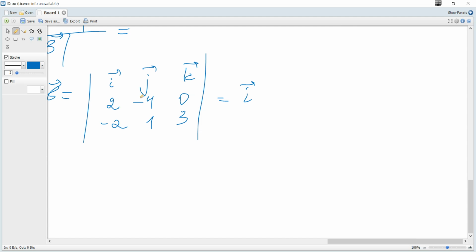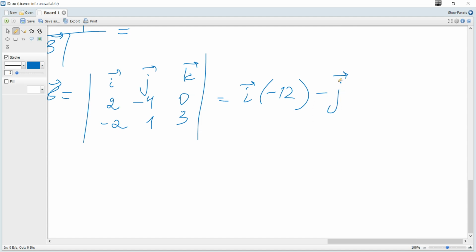plus I, then remove this row and this column and multiply by the determinant of this 2 by 2 matrix, which is this product minus this product, so it's negative 12 minus 0, so it's just negative 12.